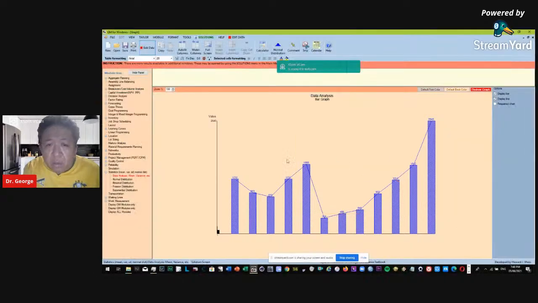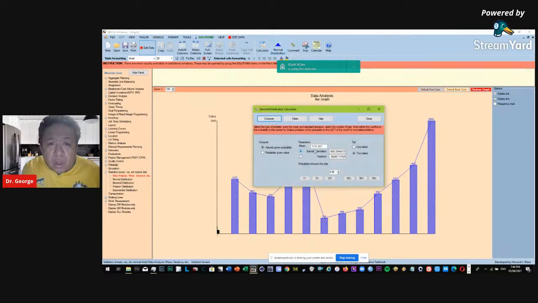Another thing that you can do here is the normal distribution. Okay, normal distribution. You are already given the 1111.167 computed mean, right? The standard deviation was also computed, and then the variance is just the square of the standard deviation.